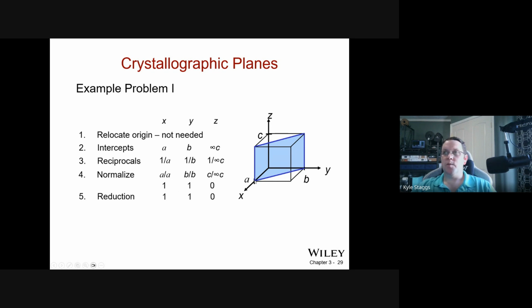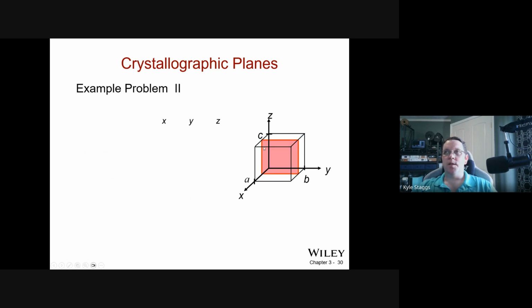Because we have 1 in A, 1 in B, and 0 in C, it doesn't cross ever in C. So anytime it's not crossing a third axis, one of the values is going to be 0. So we don't have to do the reduction step, and 1, 1, 0 becomes our plane.